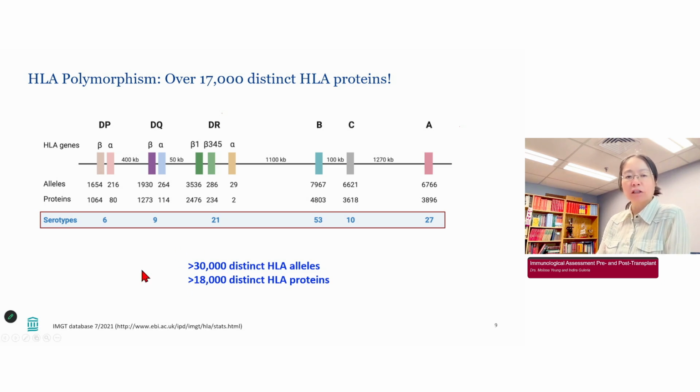Luckily, however, in the context of solid organ transplant, we try to group these HLA proteins into groups of what we consider to be serological antigen equivalents, meaning that we think they should react similarly given an alloantibody directed against one.